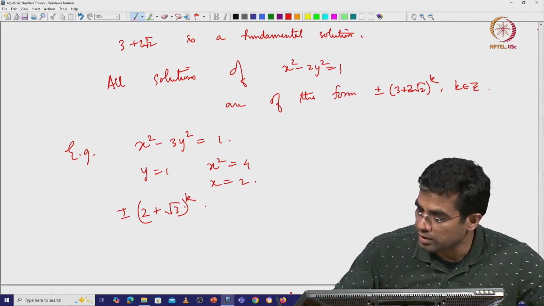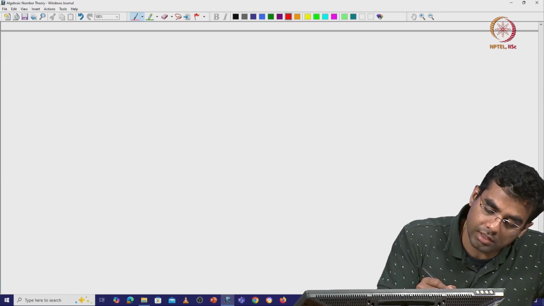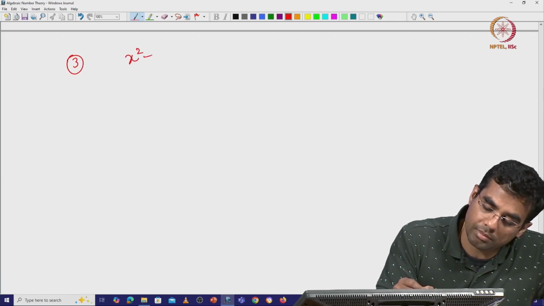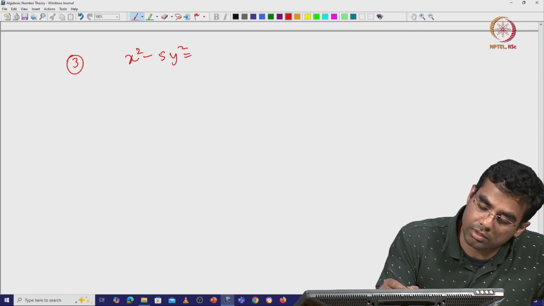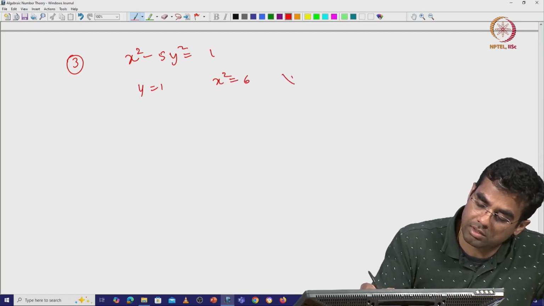Let us try something maybe bigger: x square minus 5y square equal to 1. You try y equal to 1, you get x square is equal to 6, so there are no solutions.